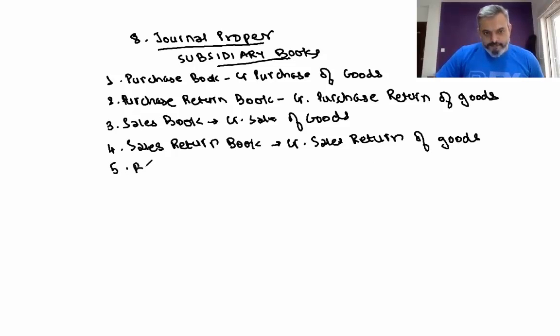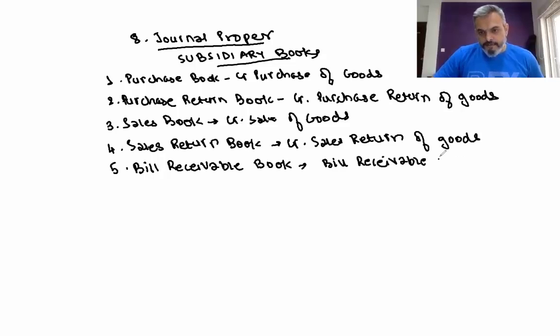Fifth, bill receivable book. It is for bill receivable received. Sixth is bills payable book.